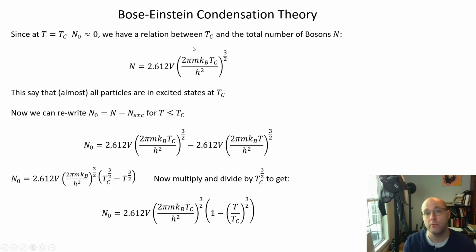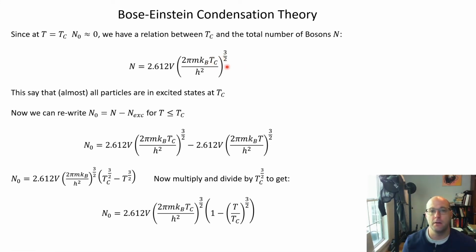And now, based on this, the total number of bosons in the system is conserved, right? So this value is just a number, 2.612 V times this junk, whatever this number is. It's the total number of bosons at any temperature. I don't mean you substitute any temperature in for T sub c.